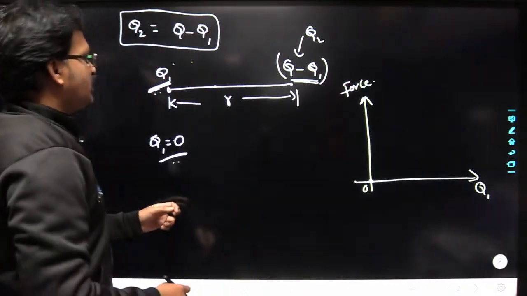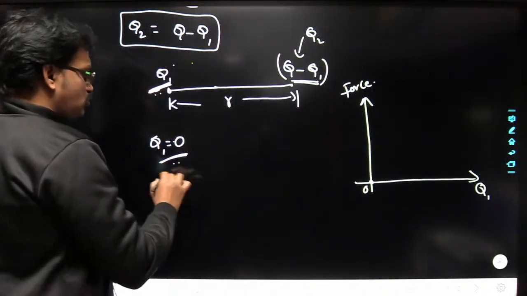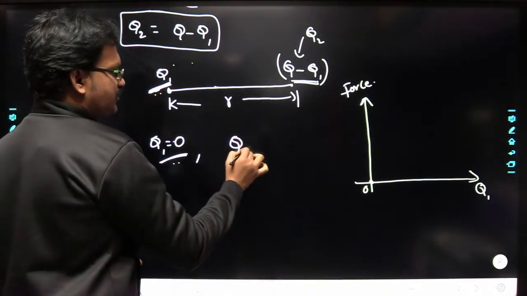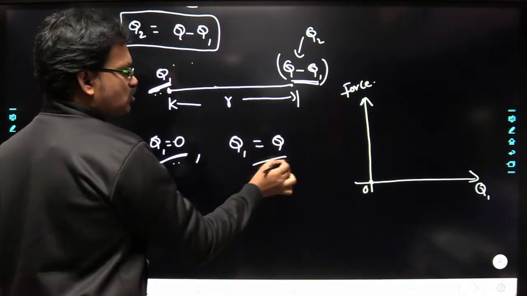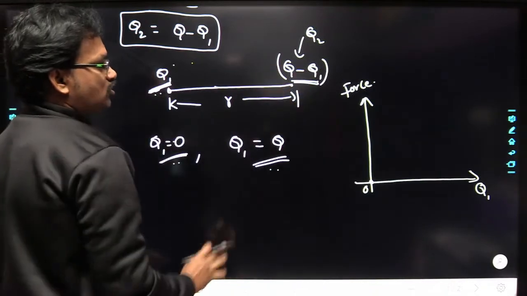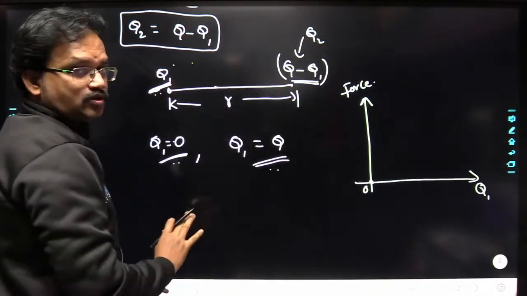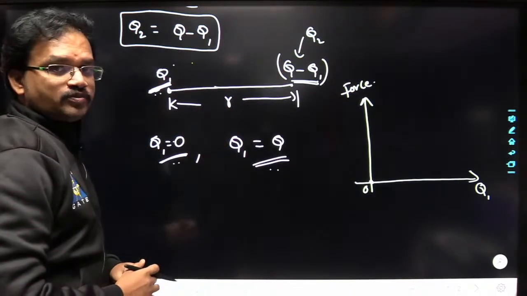Next, consider Q1 equal to Q, another extreme case. If I consider Q1 equal to Q, then this charge will become 0, yes or no? In that case also, the force is going to be 0.